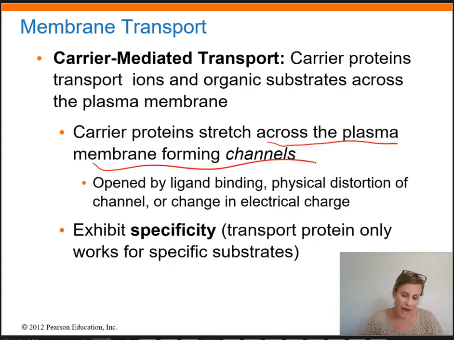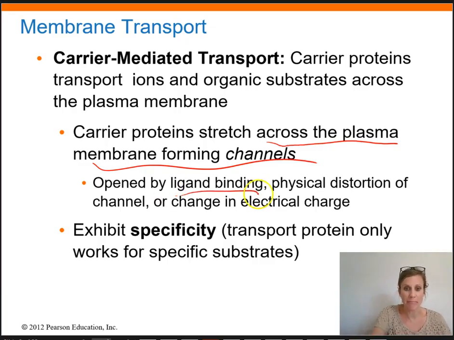And because of that, they allow something to cross the membrane without ever coming in contact with the lipids in the middle. These carrier-mediated transporters, these channels, are opened in multiple different ways.